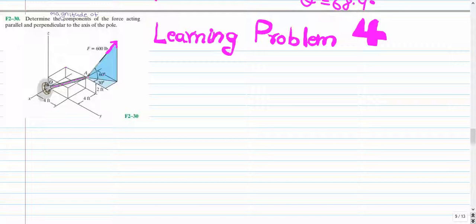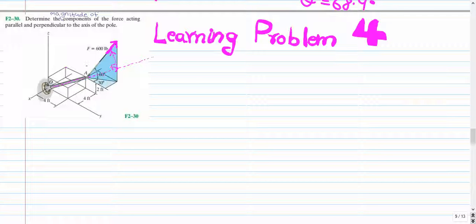So if I extend this line on the pole, they want one component of this force F to be parallel to the pole, so this is going to be one component, and they want the other component to be perpendicular to the pole. So the other component would be drawn at right angle to the axis of the pole. This is going to be the second component.